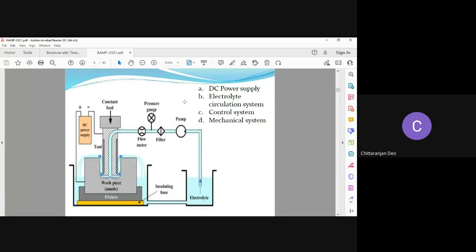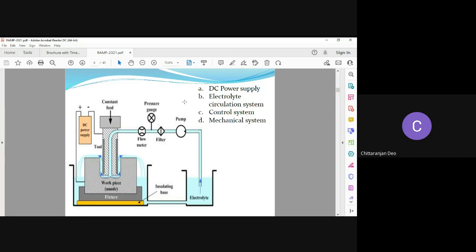In ECM, the removal of material is on a similar basis, and it utilizes the anodic dissolution process.